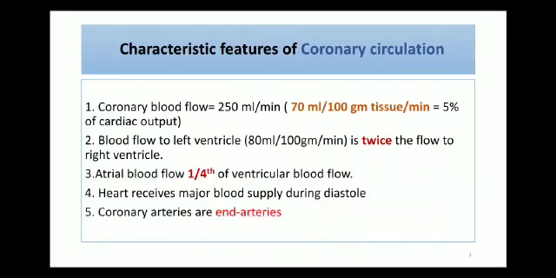Coronary arteries are end arteries. Now we have two types of end arteries, true end arteries and functional end arteries. So this one is a functional end artery. Functional end artery means if you just see, you cannot see any anastomosis or collaterals between the RCA and the LCA, between the right coronary artery and the left coronary artery. No major anastomosis or collaterals you can see.